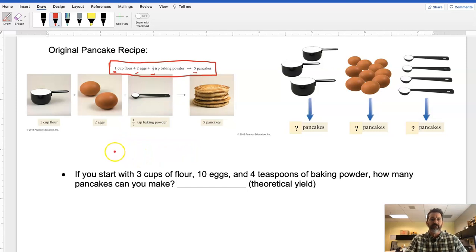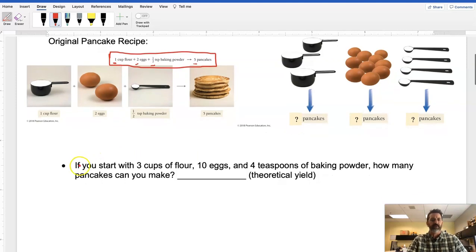So if we look at this problem here, which says if you start with 3 cups of flour, 10 eggs, and 4 teaspoons of baking powder, how many pancakes can you make? Some of you guys can do this in your head, but I'm going to show you how we would set this up, because you can't really do the chemistry analogy of this in your head.